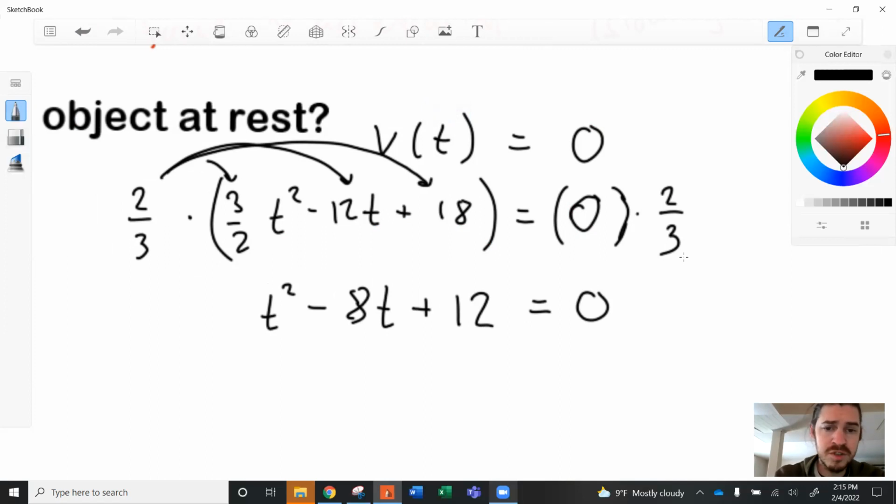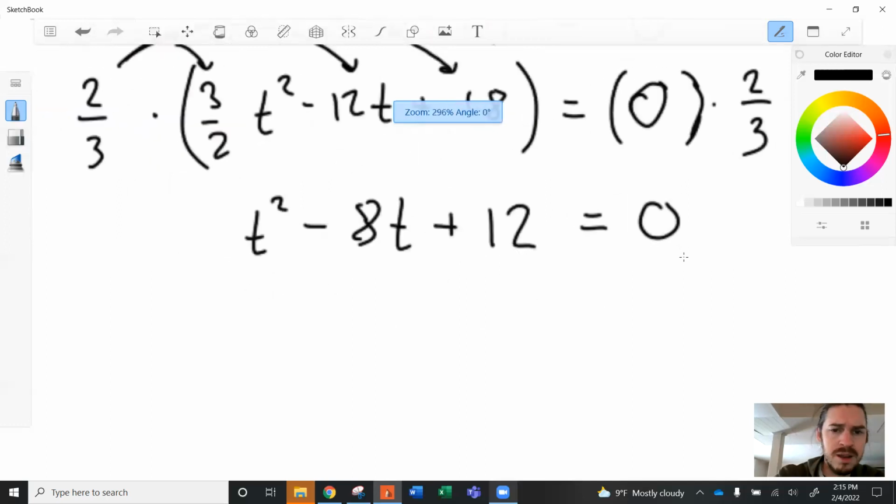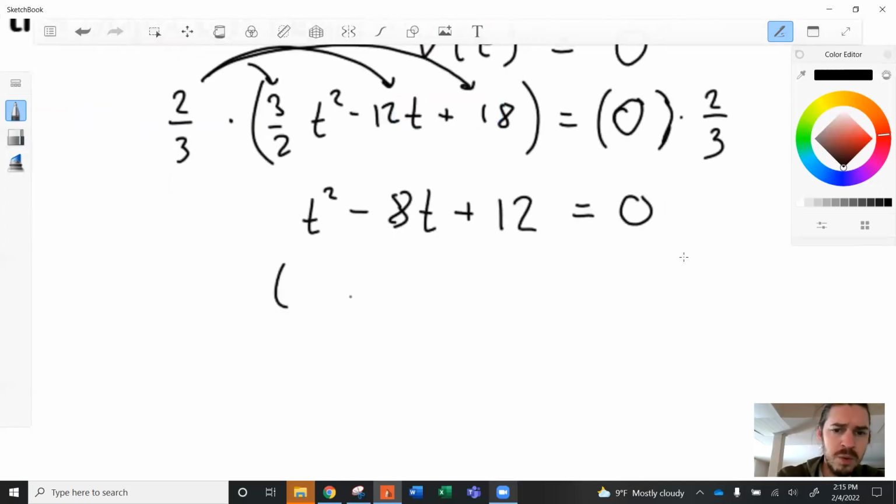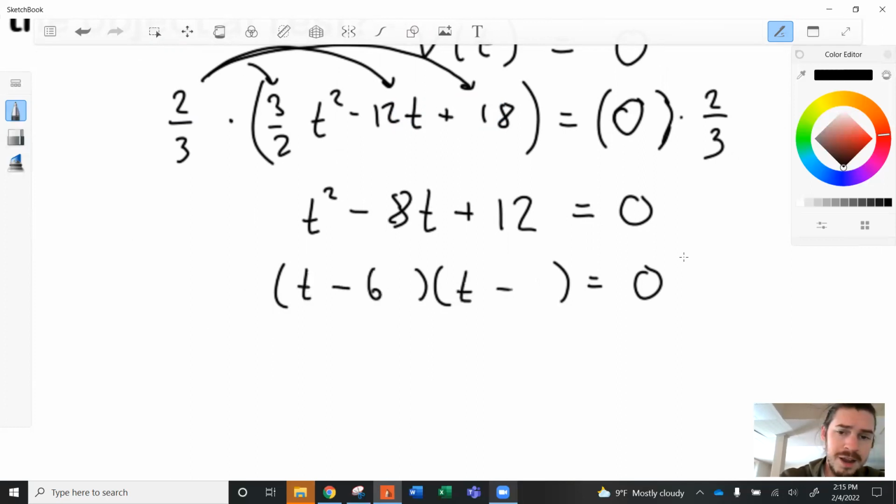So that is a much simpler form of the same equation, equivalent to what we started with, but much easier to think about. Let's see if we can factor that. If we can factor this, then we would be able to solve it quite easily using the zero product rule. I believe this factors like t minus 6 and t minus 2.